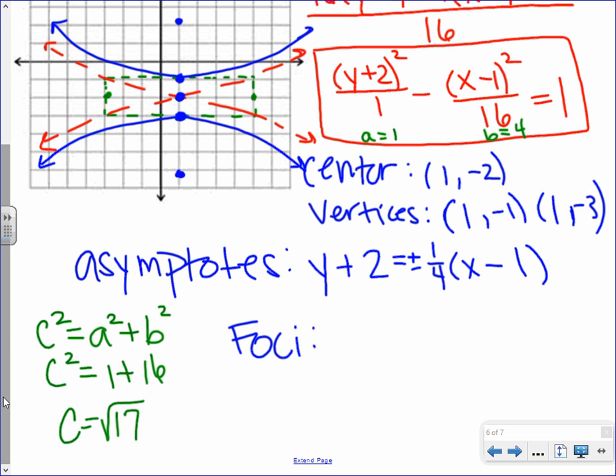Since our c value is irrational, I will allow you to write both coordinates in one. We moved vertically, so we kept an x value of -2, but from 1 we went up radical 17 and down radical 17. So we can write that as -2, 1 plus or minus radical 17.